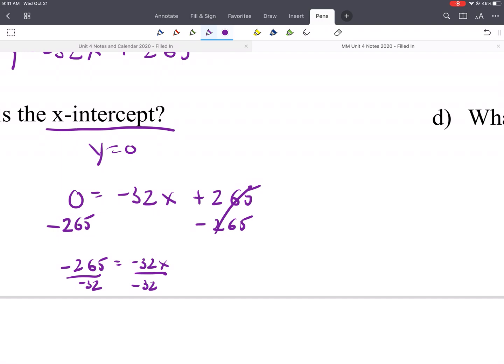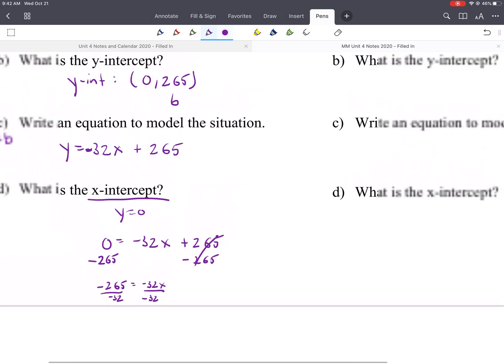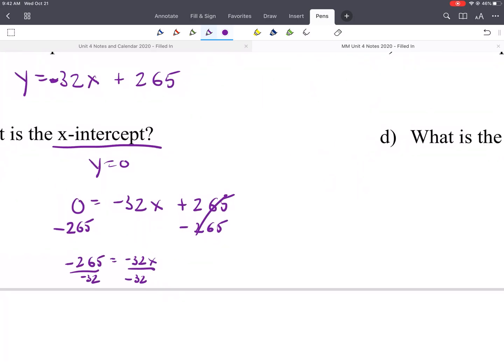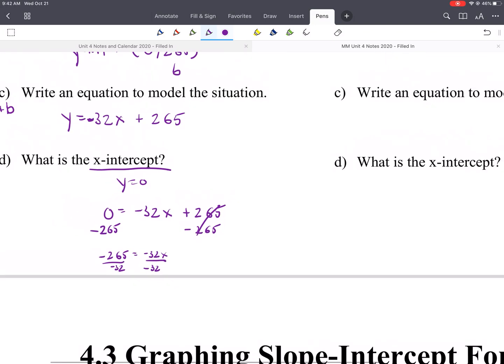So it ended up being negative 265 divided by a negative 32. Okay, and I thought it would give me a nice fraction, but that ends up giving you x is equal to 265 over 32. Darn.